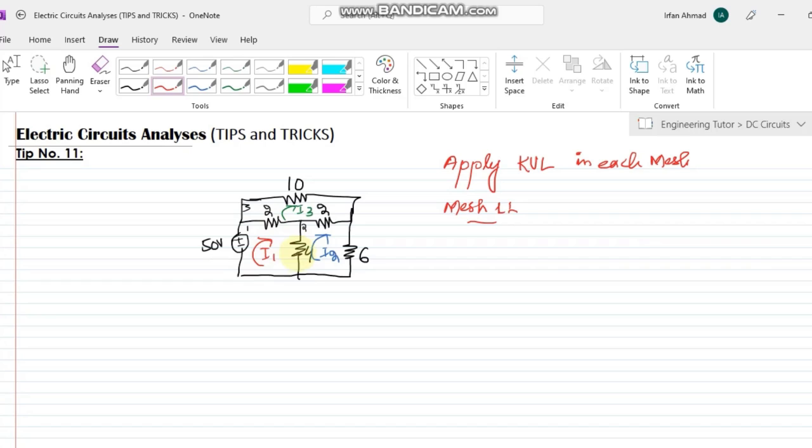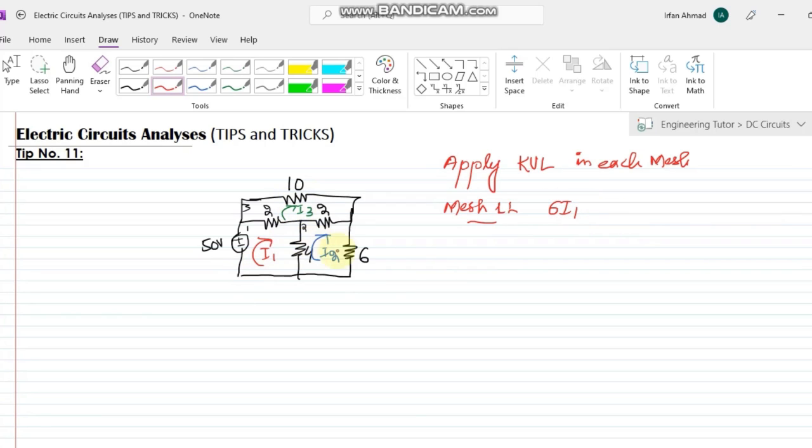So what are the resistors in mesh number 1? Those are 2 and 4. So 2 plus 4 is 6, and what is the current in that mesh? I have I1. So you have to use 6I1 here.